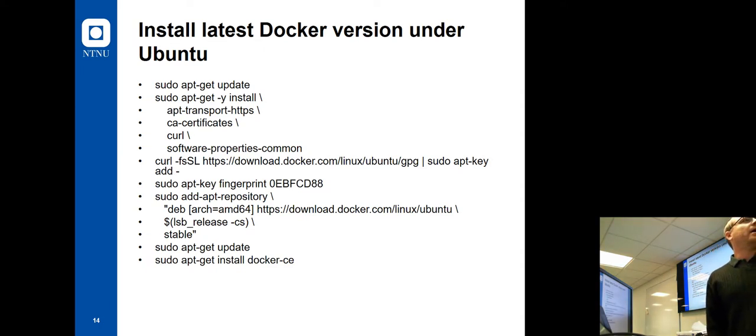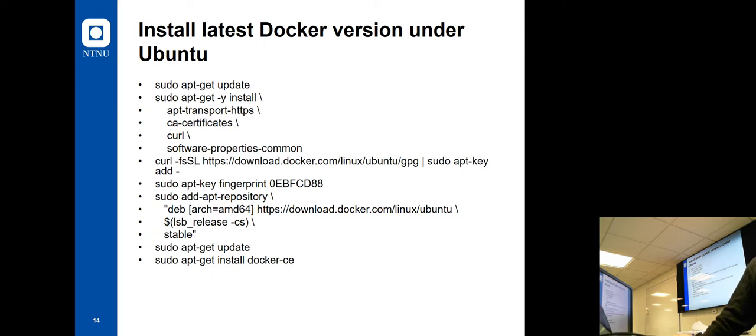Basically, what they do is update the packages, install some additional packages that you need, then download the key for a Docker repository and add this to the permissible repositories that Ubuntu can install from, then add the repository, run an update, and ultimately install Docker, the community edition, CE. There's also an enterprise edition called EE.